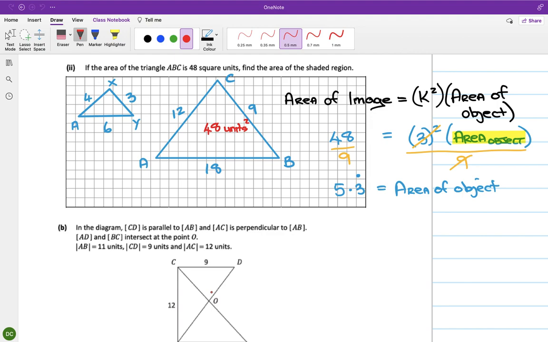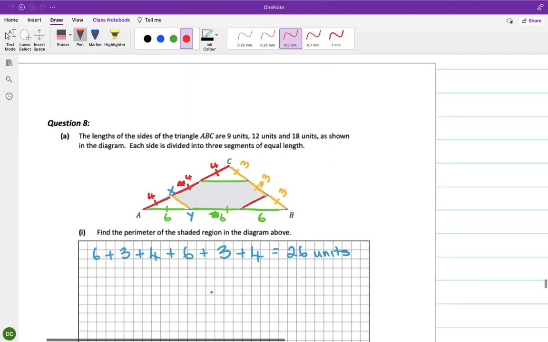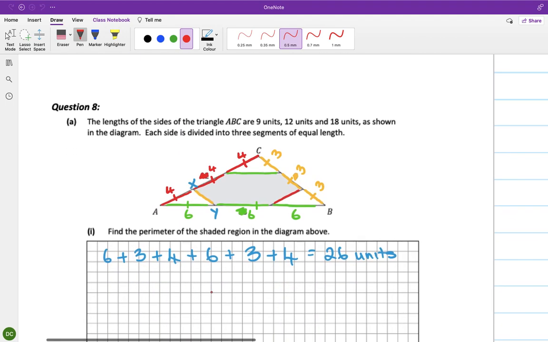Yeah, so that means this is 5.3 recurring. Oh, actually, sorry, the 0.3 might work out because I have to multiply by 3. So if the whole thing is 48, and then I'm taking off 3 triangles, each of which is 5.3 recurring, that will leave me with the shaded bit, won't it?